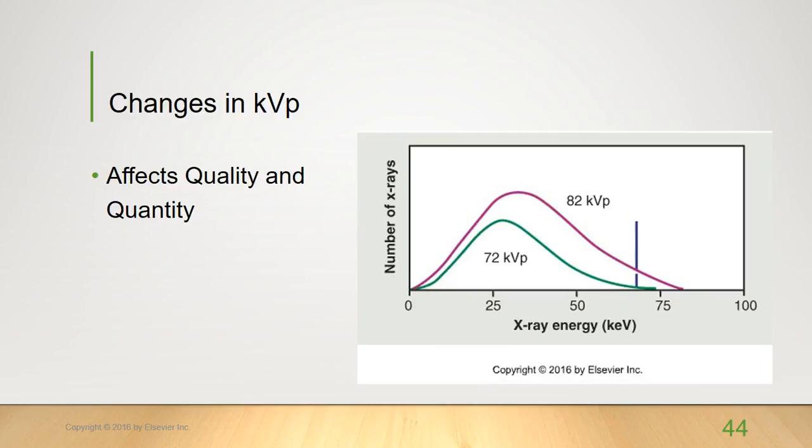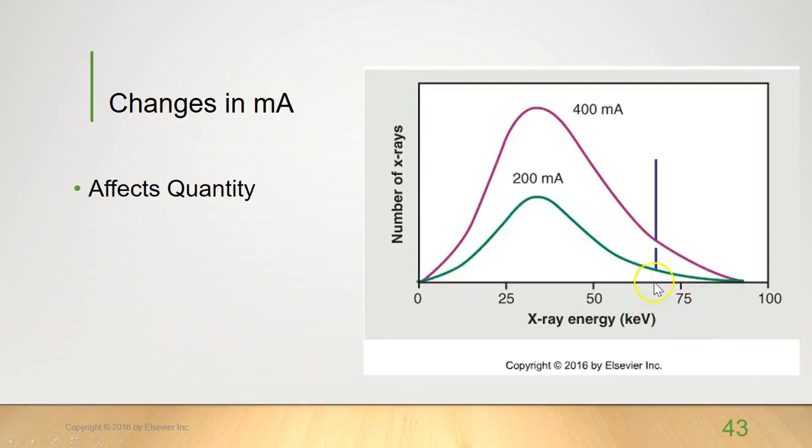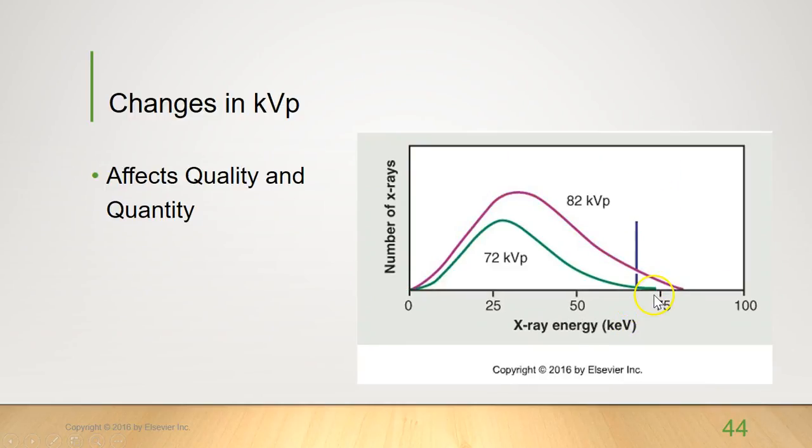Now when we go to kVp, changes in kVp affect beam quality and quantity. If everything else remains the same, increasing kVp increases the amplitude of both of them and shifts the right side of the curve to the right along the x-axis. So look where this line is right here. And I'm going to go back one. It's still there, but now we're going with the kVp.